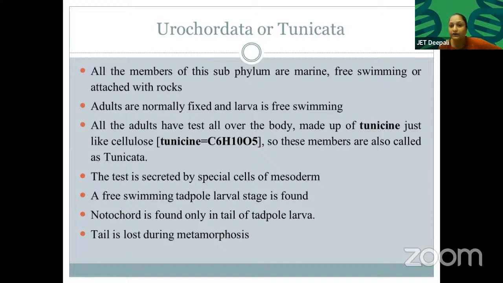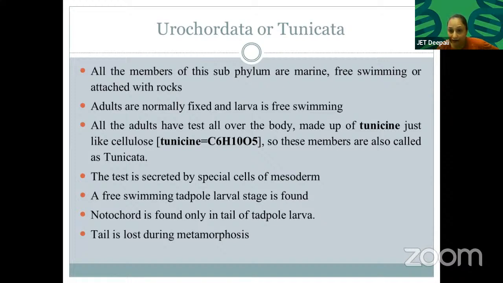See, in Urochordata, what normally happens, they have a highly developed larva. As the larva attains adulthood, it becomes a less developed chordate, and their larva is a more developed chordate, meaning their larva has the characteristics of chordates.